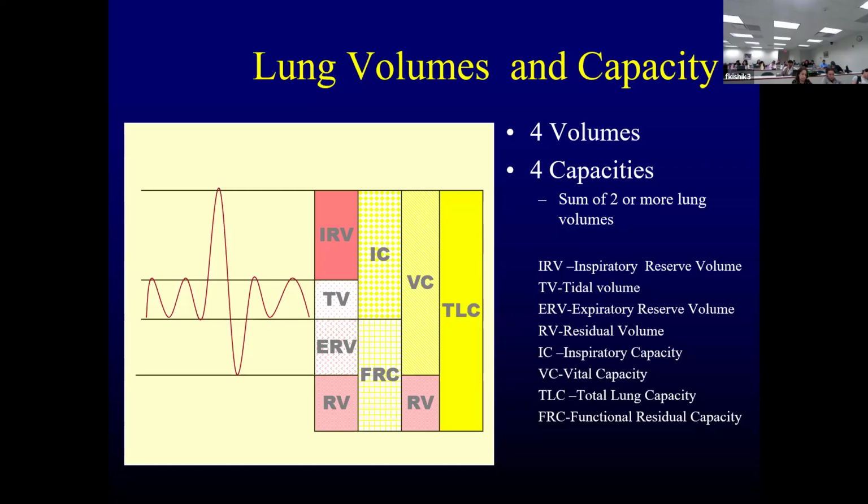Of the 4 capacities, forced vital capacity, FVC, and total lung capacity are the 2 important parameters that I would be going back to again and again as we learn how to distinguish these disorders. Okay.